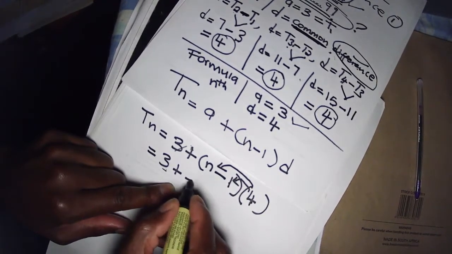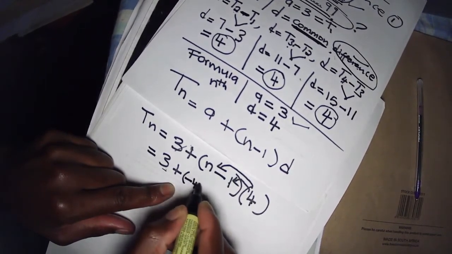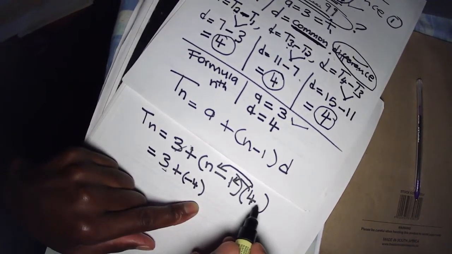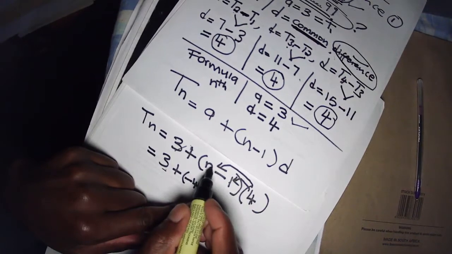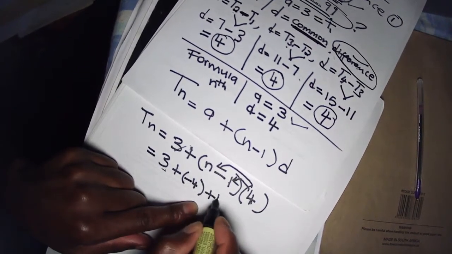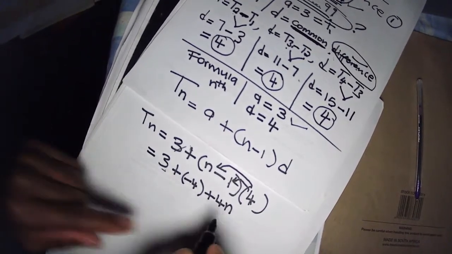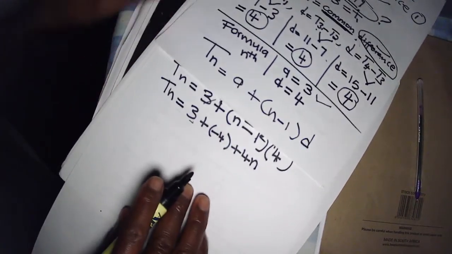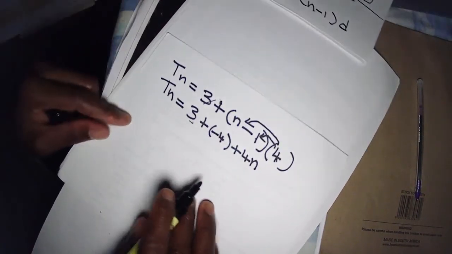So I'm gonna get negative 4, right? Then I'm gonna multiply 4 times the n, so it's positive 4n, right? So I hope you guys are not confused by that.